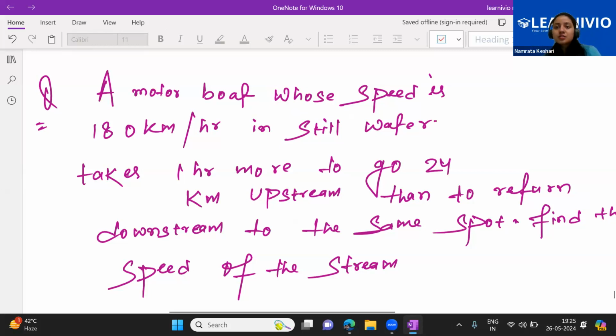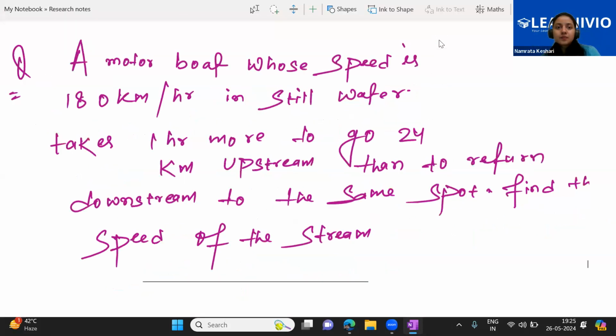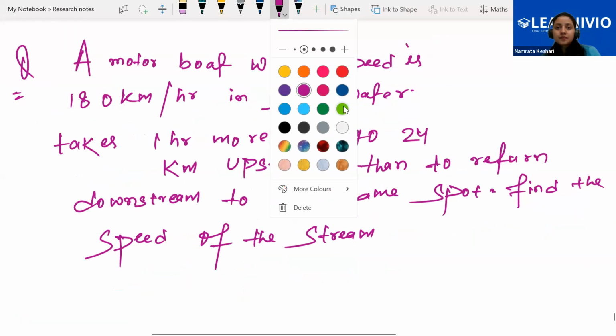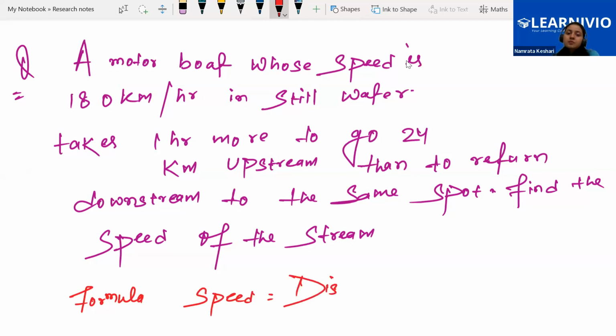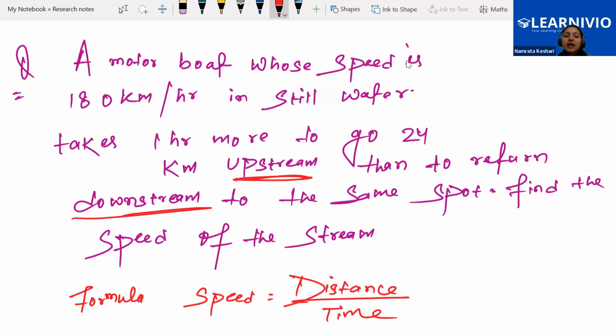What is the formula? Ma'am, speed is equal to distance upon time. Yes, speed is equal to distance upon time. Okay, this formula we are going to use over here.